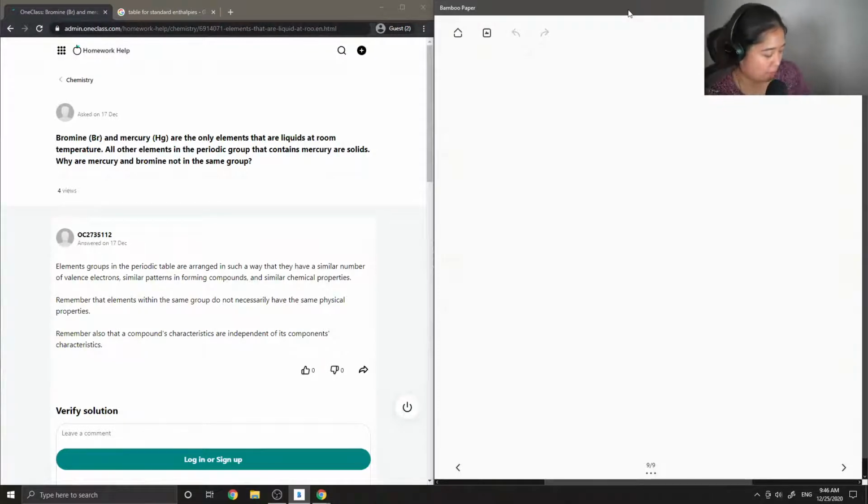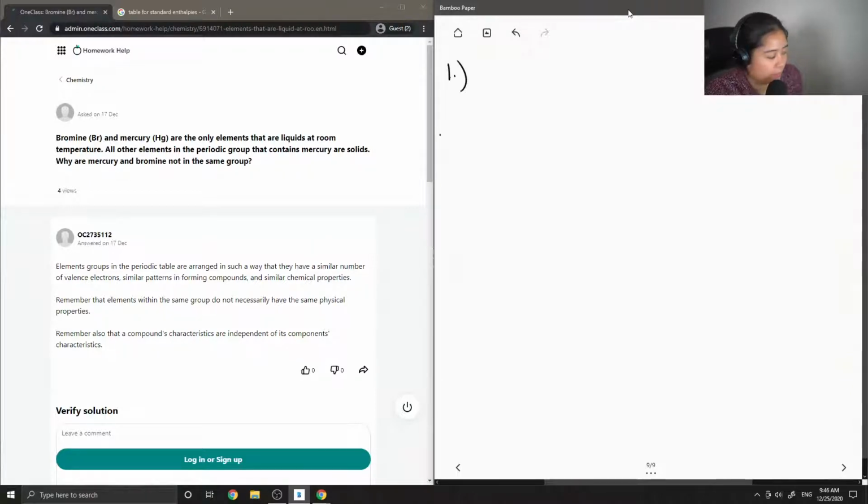Okay, so question 1. Bromine and mercury are the only elements that are liquids at room temperature. All other elements in the periodic group that contains mercury are solids. Why are mercury and bromine not in the same group?